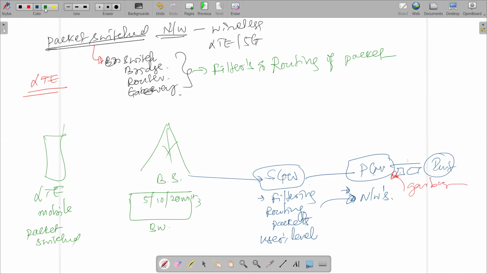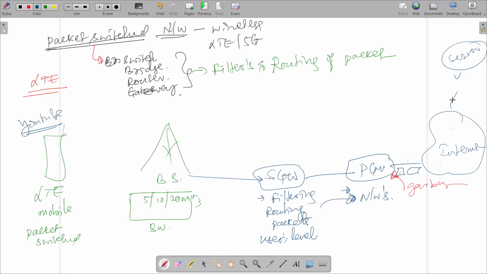Got my point. And the internet, we know, is bigger. Somewhere servers will be placed. For example, this fellow is watching YouTube, and that video is placed on a server in the US.